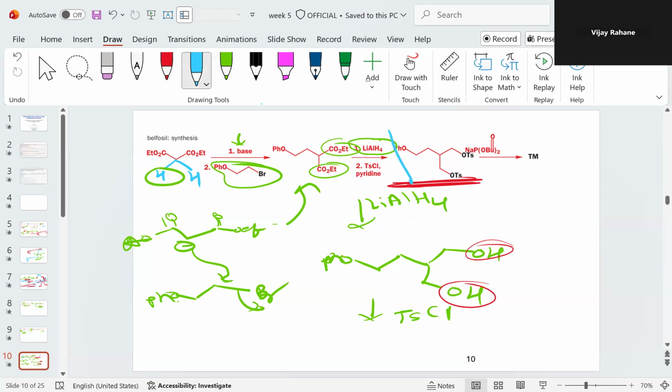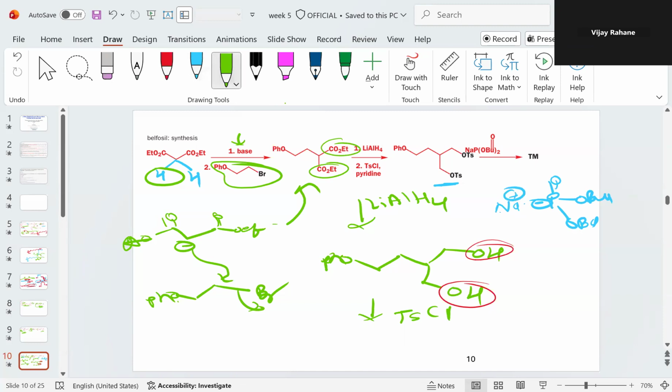Once this tosyl product is formed, what happens after this tosylation? We treat with this sodium phosphate, this P negative, Na positive, right?